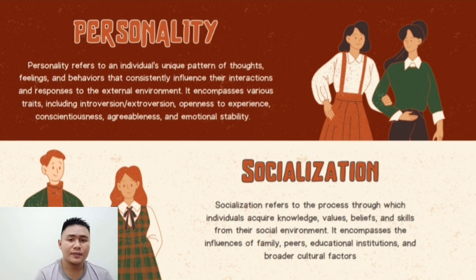It encompasses various traits including introversion, extroversion, openness to experience, conscientiousness, agreeableness, and emotional stability. While socialization is the process through which individuals acquire knowledge, values, beliefs, and skills from their social environment, it encompasses the influence of family, peers, educational institutions, and broader cultural factors.